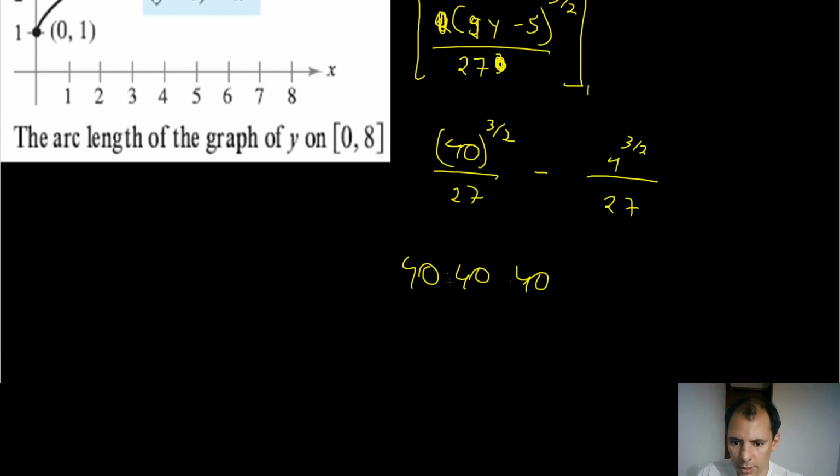Two of these 40s you can just take out, and you're going to be left with the square root of 40, okay? So I'm going to put the 40 in here, and reduce this thing here to 1/2. And over here is going to be the same thing.